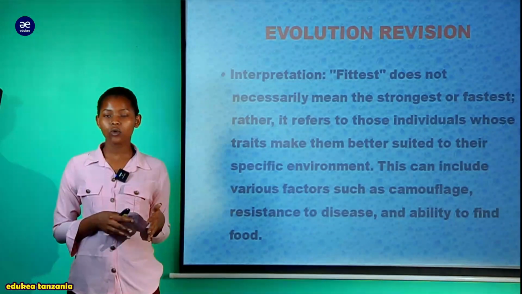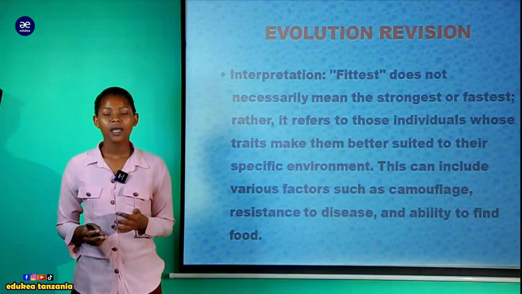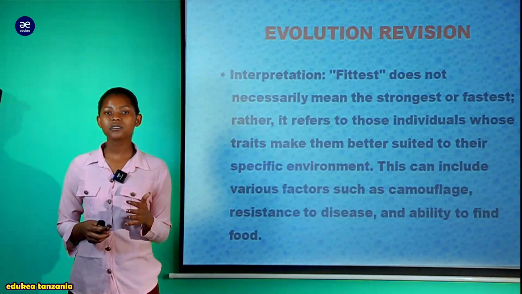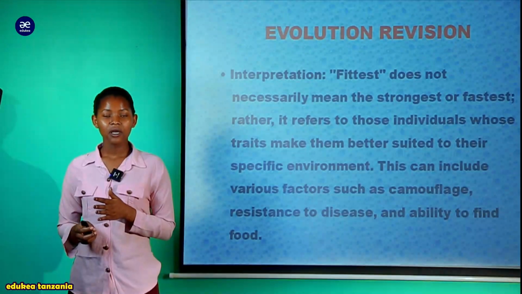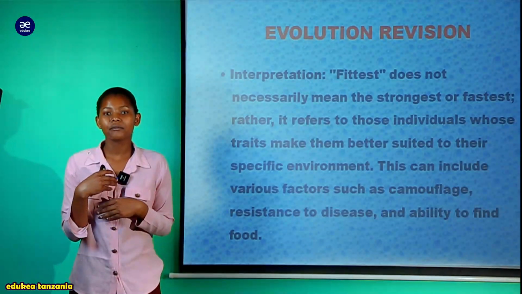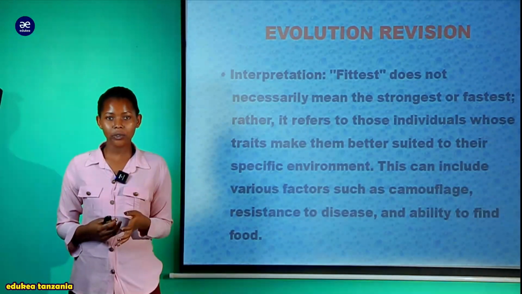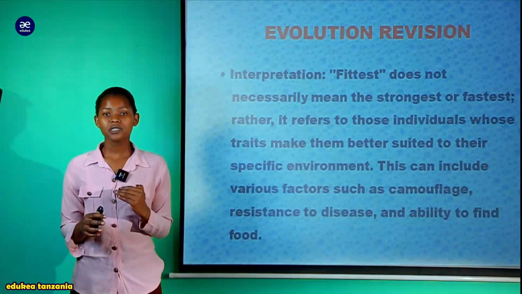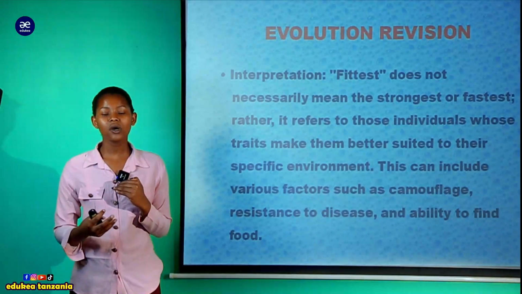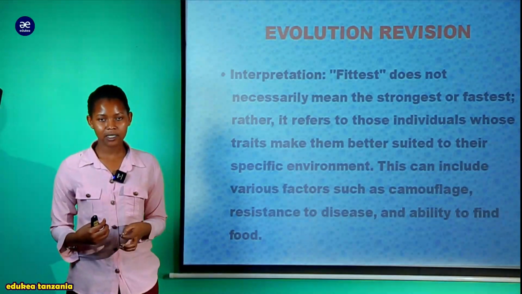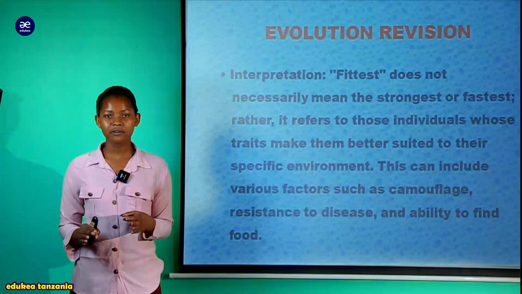Walikuwepo moths weupe na moths weusi, but due to the change in environmental conditions, black moths were capable of surviving, and their survival haikumaanisha kwamba they were very strong au very fast. No, it's just because tunaangalia uwezo wa kuweza kusurvive katika mabadiliko fulani ya mazingira.